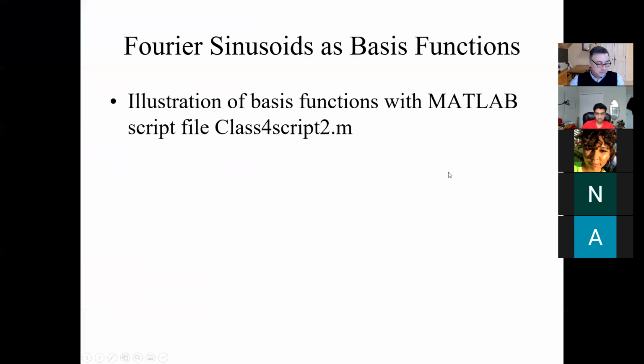All right, so let me just quickly illustrate what I'm going to do here, as we talk about these fundamental Fourier sinusoid basis functions.